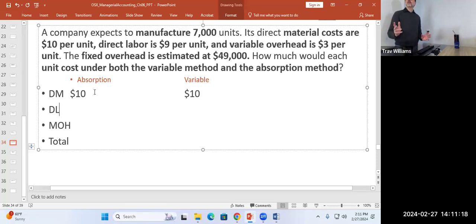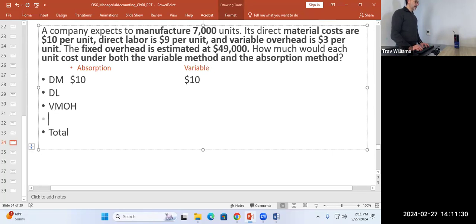Because really the only thing that changes is the overhead. Oh, actually, I should put variable manufacturing overhead and fixed manufacturing overhead. All right, so our direct labor, it says, is $9 per unit. Again, that's going to be the same in both cases. Variable manufacturing overhead, it says, is $3 per unit. That stays the same in both cases.